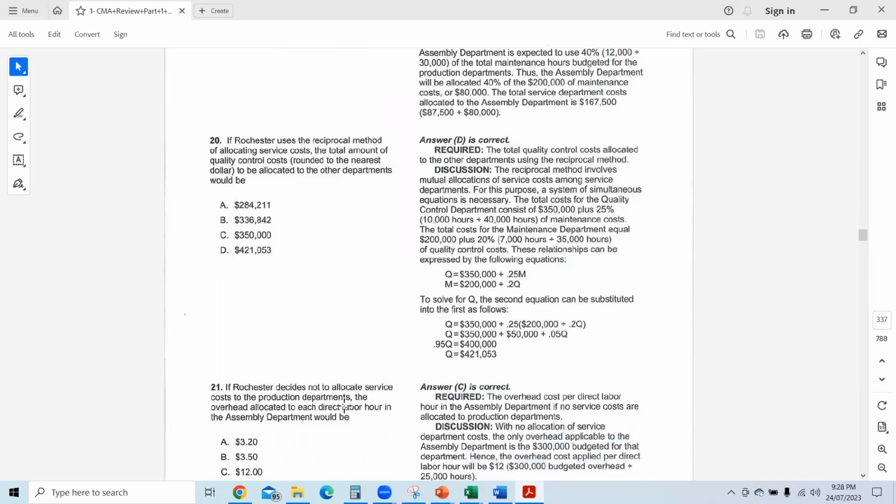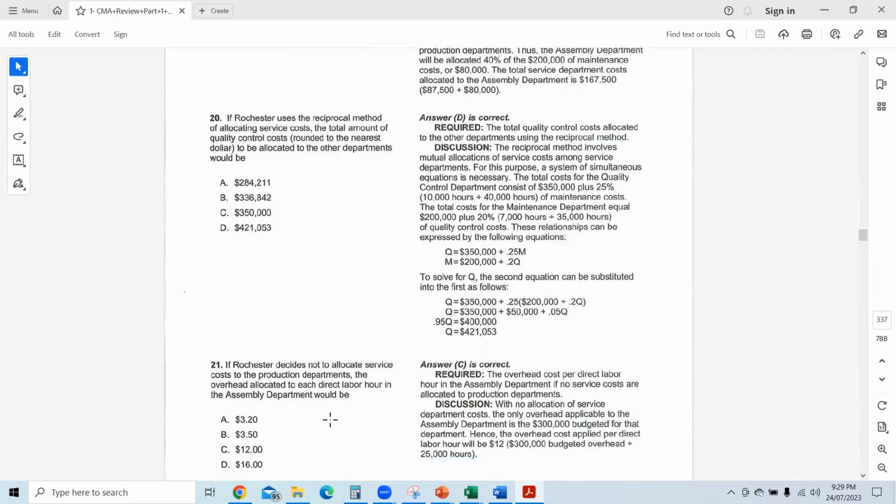If Orchestra decides not to allocate service cost to the production department, the overhead allocation per direct labor hour in the assembly department. I think we found that out, right?